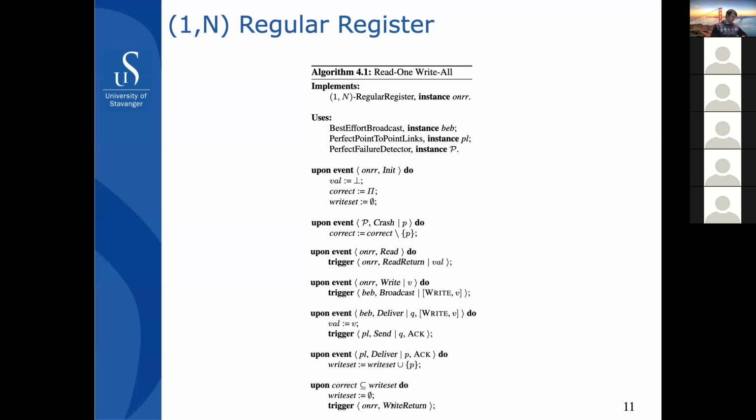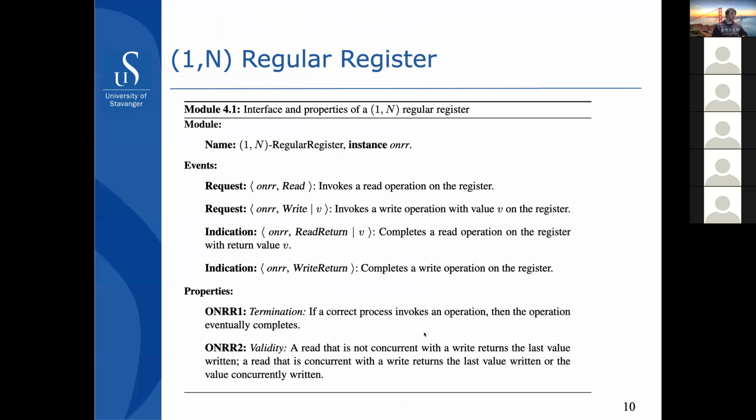So it means that now the value is written. This returns back to the application layer, and you can see here that this write return means complete a write operation on the register. So now we have written the value to all the local registers of all the correct processes.